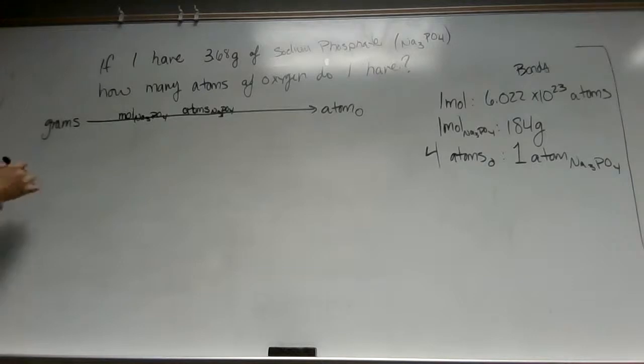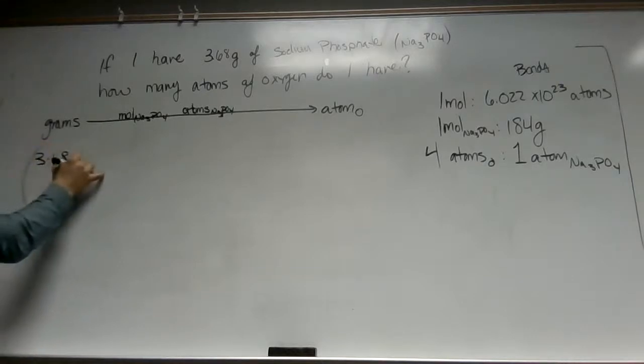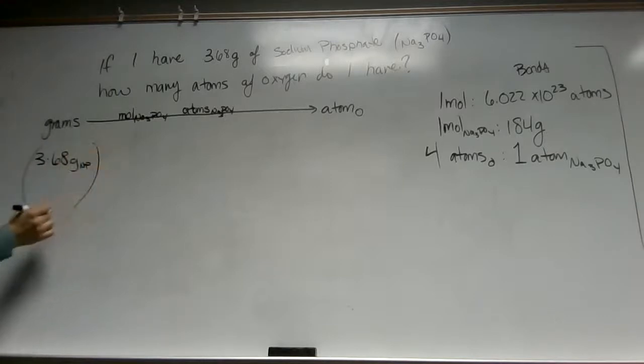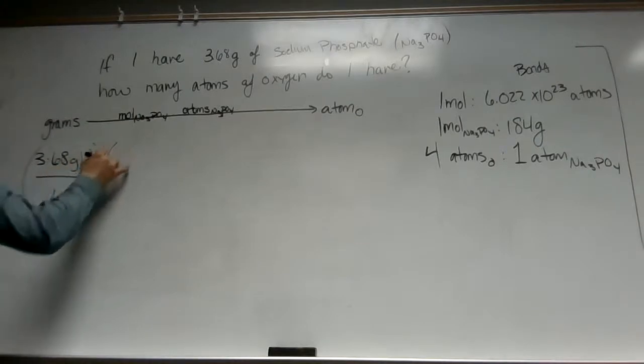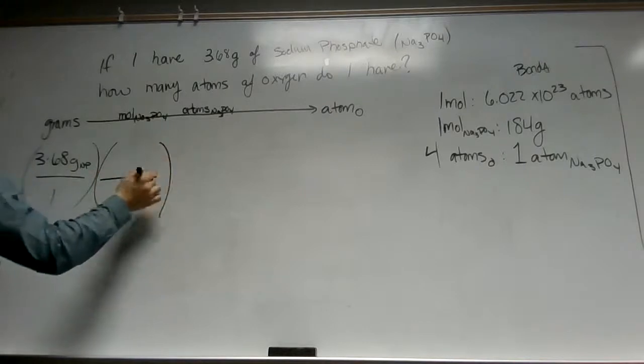So if I start with 3.68 grams of sodium phosphate, what do I need to put in the denominator here?